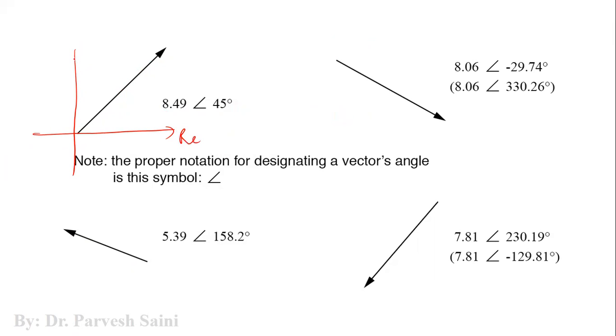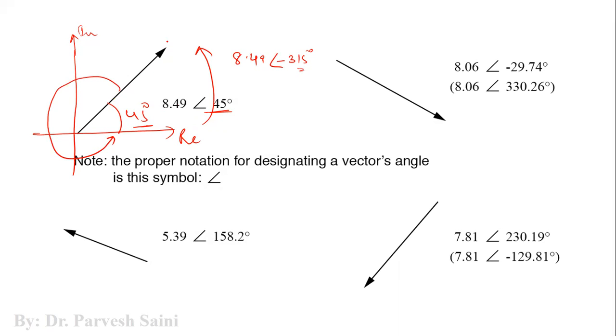This is real, and this is imaginary. So this 45 degrees is the angular displacement of this phasor in the anti-clockwise direction, right? Either you can write it as 45 degrees, or you can also write it as 8.49 angle minus 315 degrees, because this is lagging by 315 degrees.